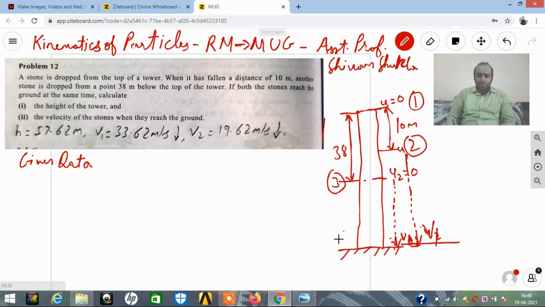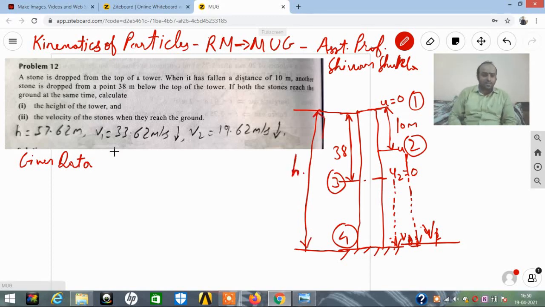This position I will be considering as position number 4. Let the entire height of the tower be small h. Now let us start.